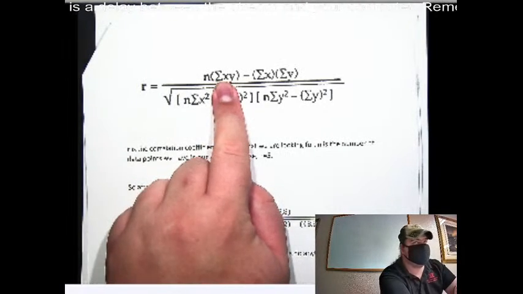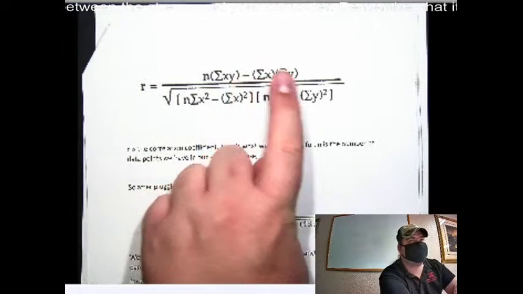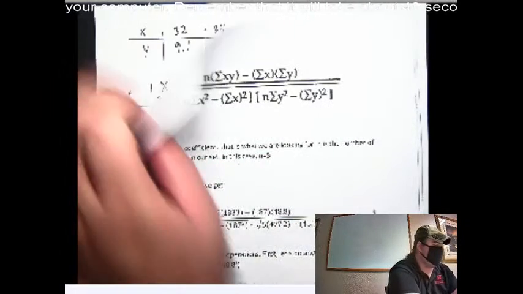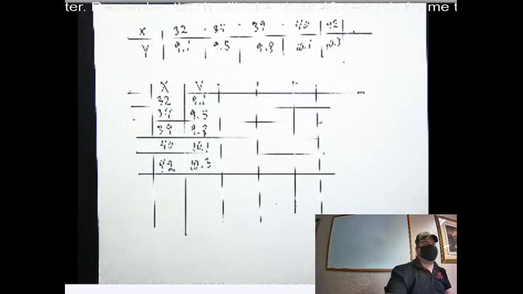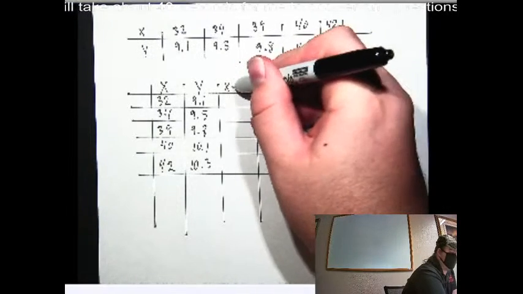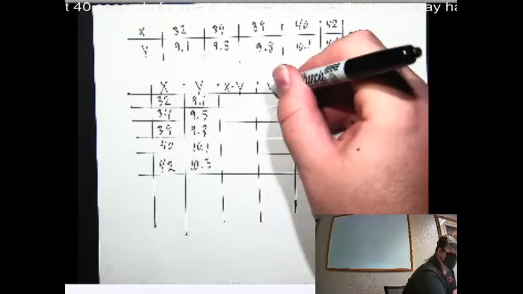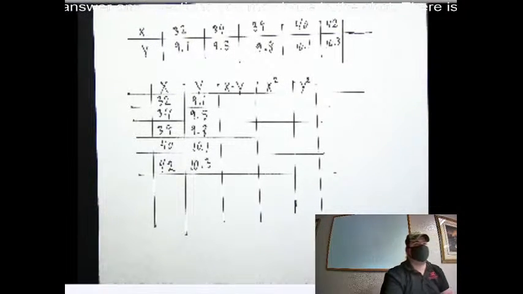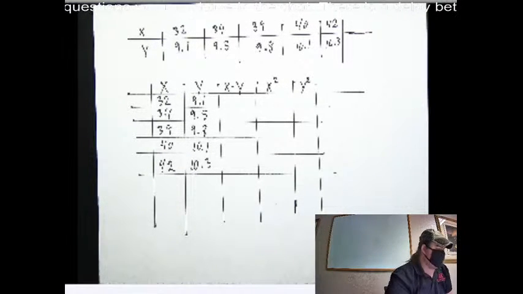More importantly, we need x times y, we need x, we need y, we need x squared, and we need y squared. Well, we already have x and y. So now we just need x times y, x squared, and y squared. And once we get these, we can get their sums. Everybody with me so far? Okay.